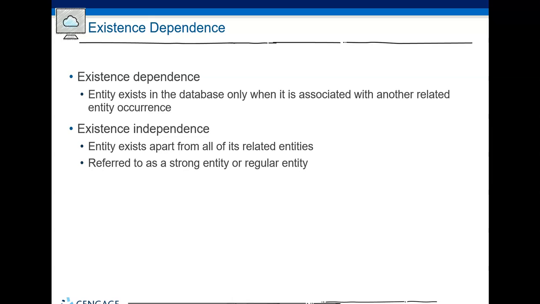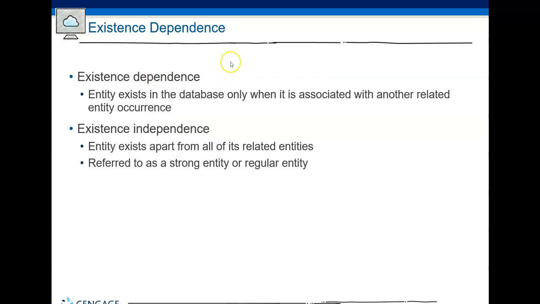Okay, so I don't call it this, but existence, dependence, and independence. The entity exists in the database only when it's associated with another related entity. So this will be a case of an employee and a literal dependent, like a wife or husband or children that are dependents of that employee. That would be what they're talking about here.